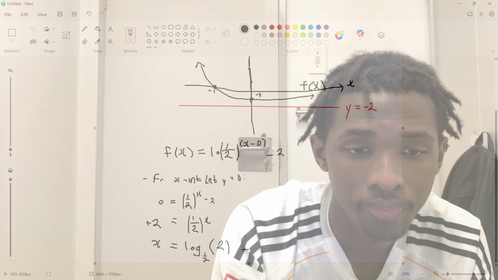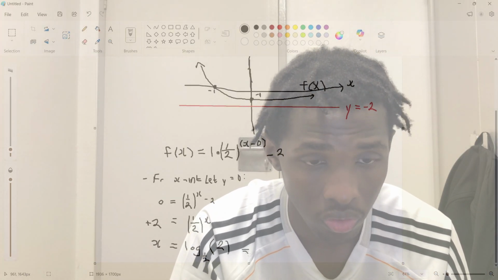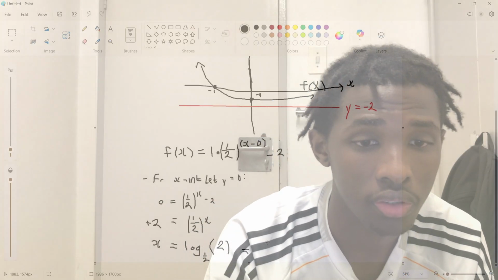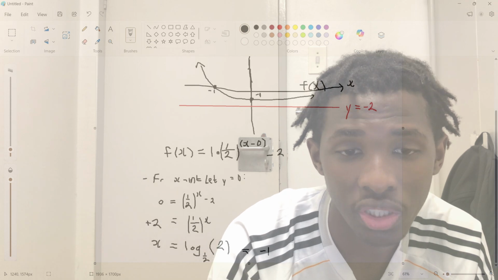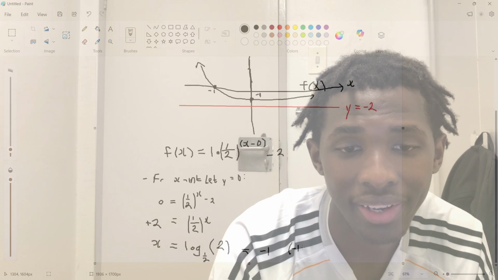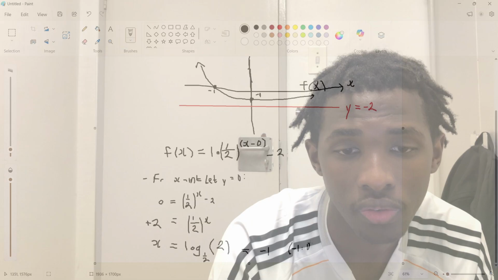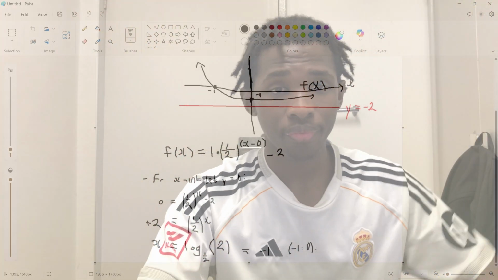Let's see, did I do this right? Yeah, I did this right. So this is gonna give you -1. Hence, you can say our graph cuts the x-axis at -1 and 0. Yay, that's fine.